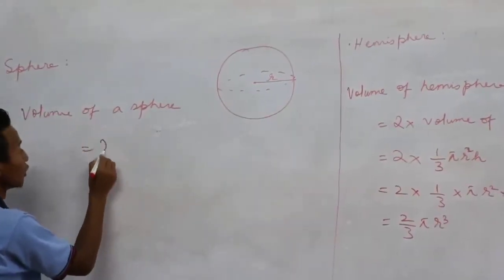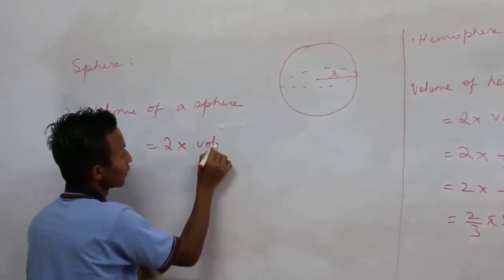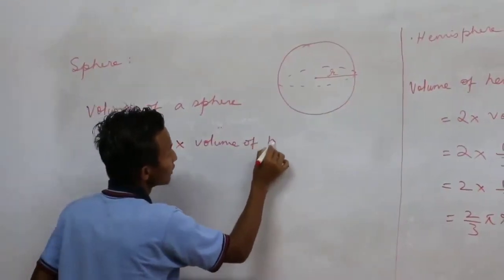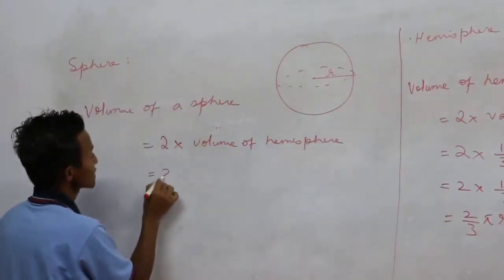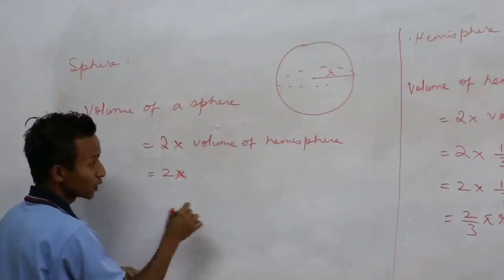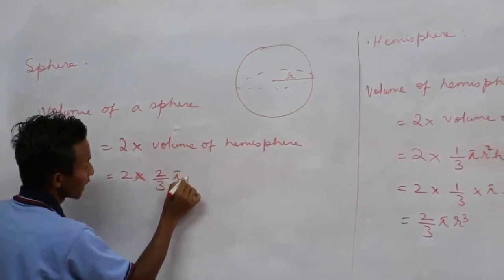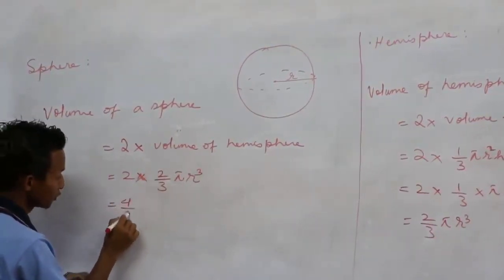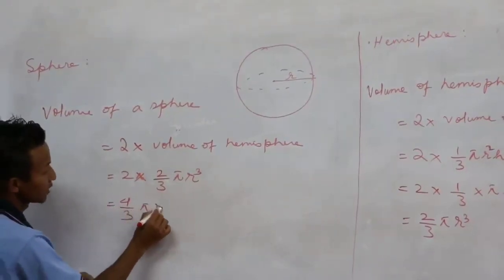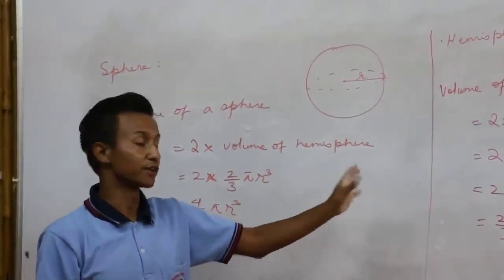So the volume of a sphere is equal to 2 times the volume of a hemisphere. And this is 2 into, and the volume of a hemisphere is 2 by 3 pi r cube, and 2 into 2 is equal to 4, which gives 4 by 3 pi r cube. So now we get the volume of the sphere as well as the volume of a hemisphere.